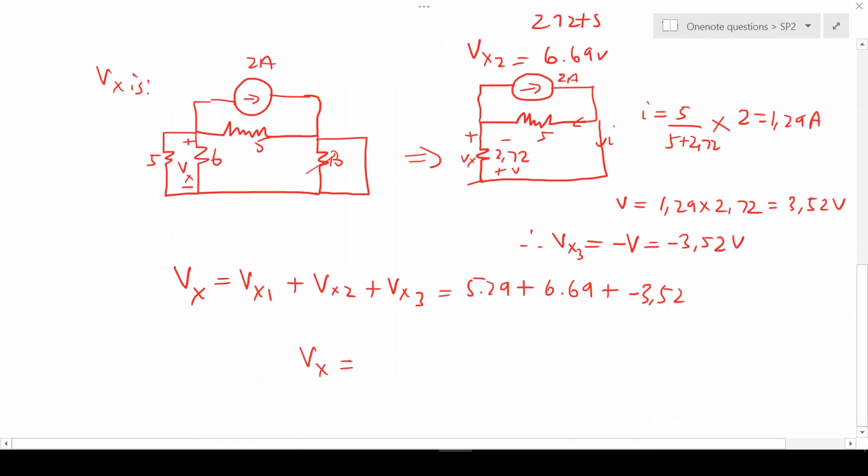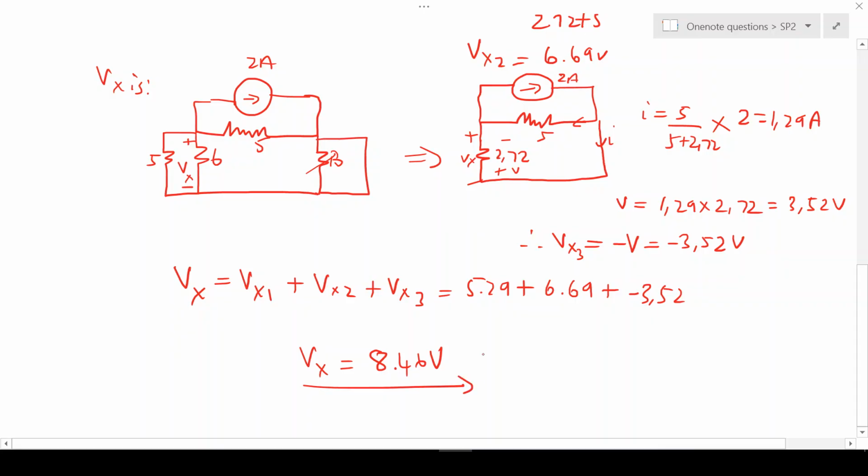So Vx will give me the addition of these three values, which gives me a final value of 8.46 volts.